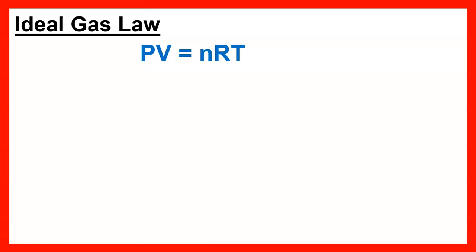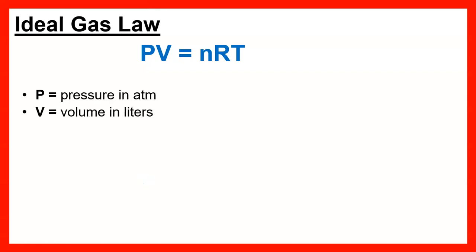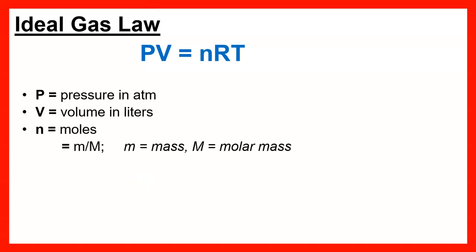Remember, our pressure is the P value. It is often going to be in atmospheres. Doesn't have to be, but it often is. V is volume. N is the number of moles. I also want to remind you that to get moles, you can take the mass of your substance and divide it by the molar mass.